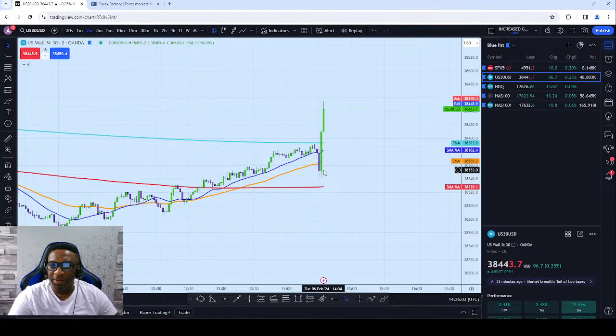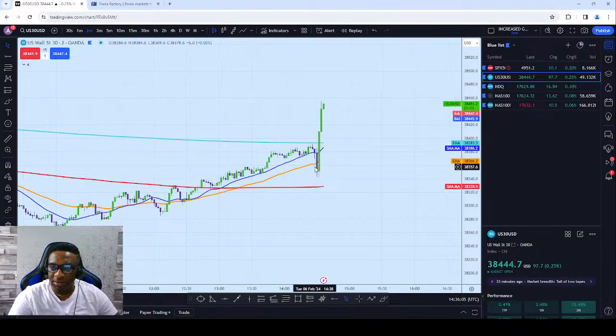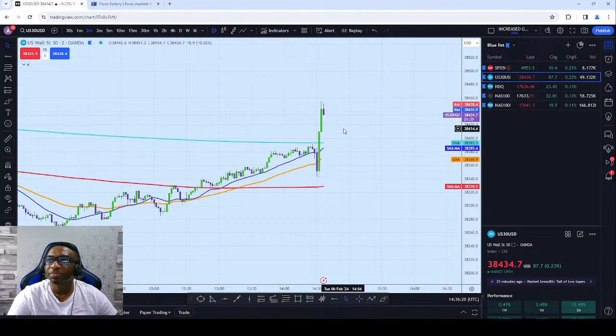So this is US 30. Give us a nice dual tail bars here, which is a very powerful reversal setup. Then pushed up.